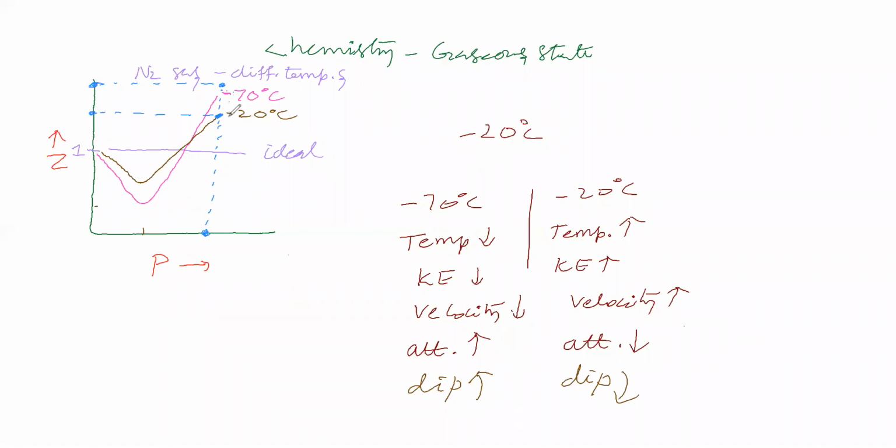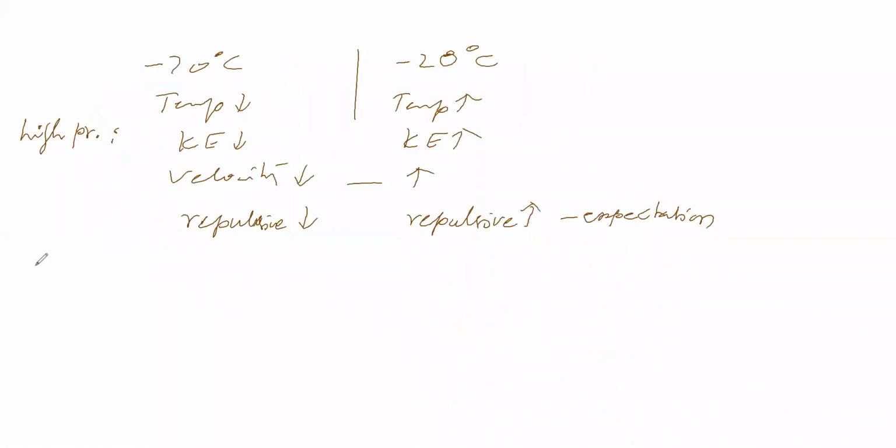Therefore, at minus 20 degrees Celsius, repulsive force magnitude is less when compared to minus 70 degrees Celsius when the pressure is on the higher side. So the experimental graph says that here repulsive force magnitude is high, and here repulsive force magnitude is low.